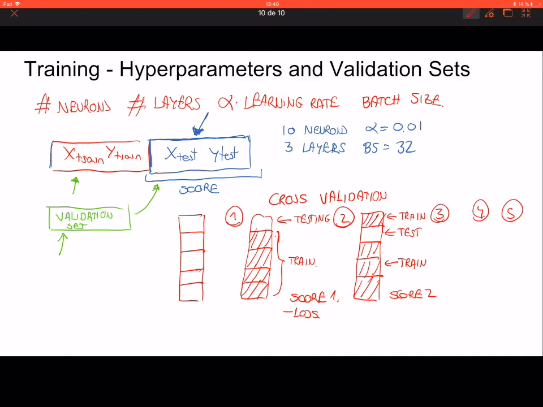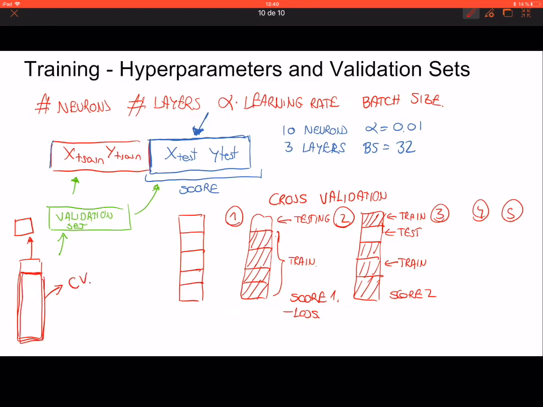Okay, so in practice, because we also have the validation set, what you could see is that maybe some people, if they have a data set like this, then they might leave out the test set. They just don't use it anymore, and then they take this and do cross-validation to do hyperparameter tuning.